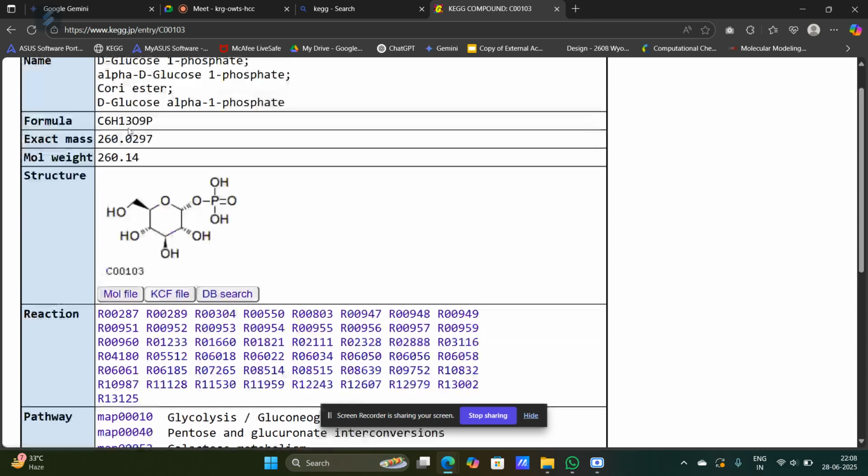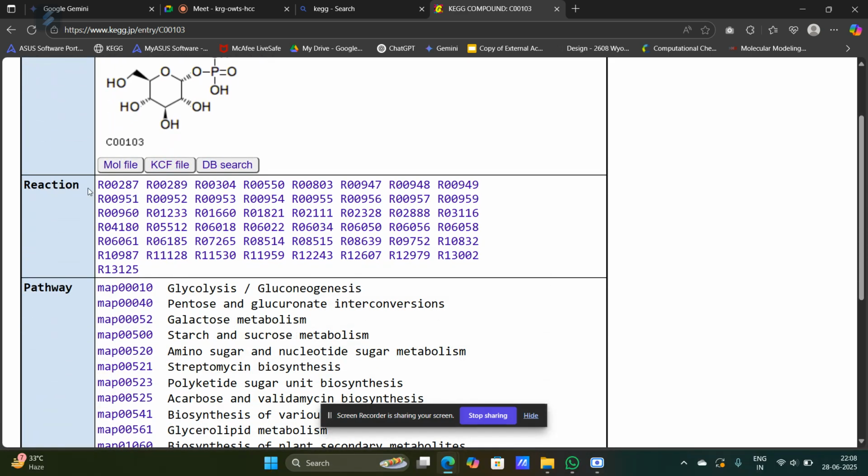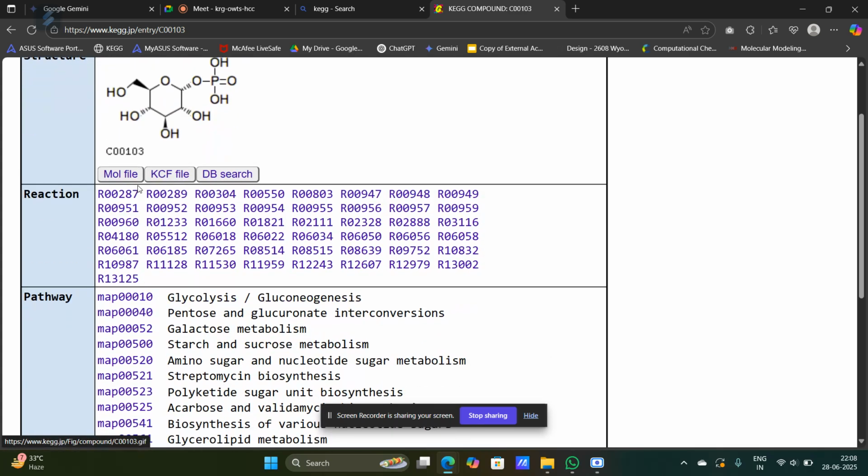So there might be a few bioinformatic tools where you can input chemical molecular structures, or the files that store the structural information of the chemical molecules. You can download the structure in two different formats: one is MOL file format and one is KCF file format. So you can look into that as well. And here you have all the reaction IDs. There is a separate database called KEGG Reactions, and every reaction gets an ID.